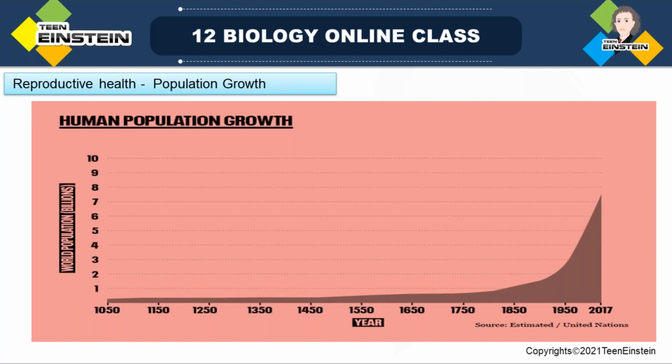Immigration means those who have come to that particular habitat. Note down this sentence: the individuals who have come to a particular habitat. Natality means birth rate, and mortality means death rate.